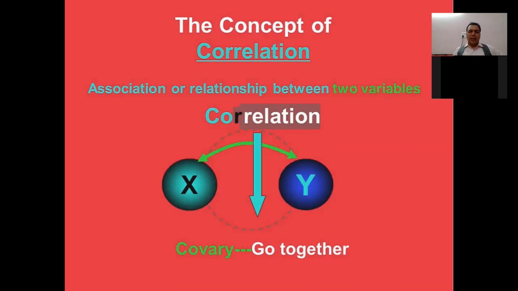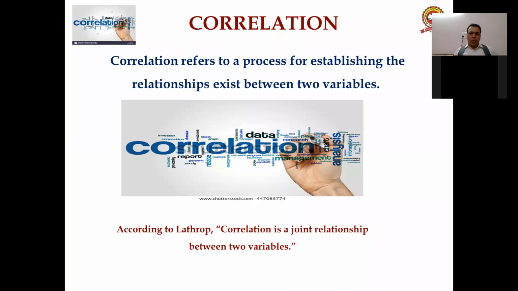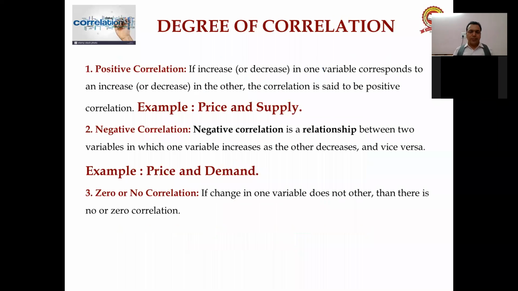It can be a straight line or it can be covariant, right? So correlation refers to the already discussed process of establishing the relationship between two variables. As Lathrop has defined it, correlation is a joint relationship between two variables, right guys?